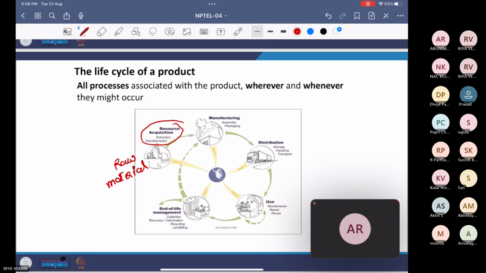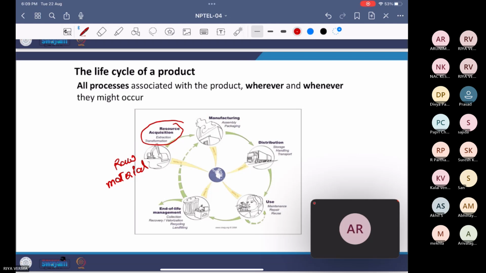Then the manufacturing of the product is done, where it is either assembled or manufactured, and then it gets packed in certain types of boxes, and then it goes towards the distribution part, where storage, handling, and transportation are involved.